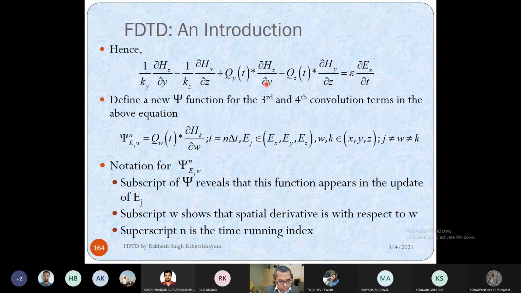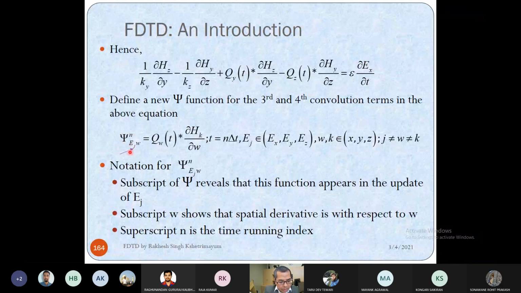We want to find out this third term and fourth term. We actually want a very compact notation for these terms, and the notation is called psi. Psi will denote this third term and fourth term. Look at this: we have a notation here. The subscript Ej means this psi is used for calculating Ex, so it will be psi Ex.